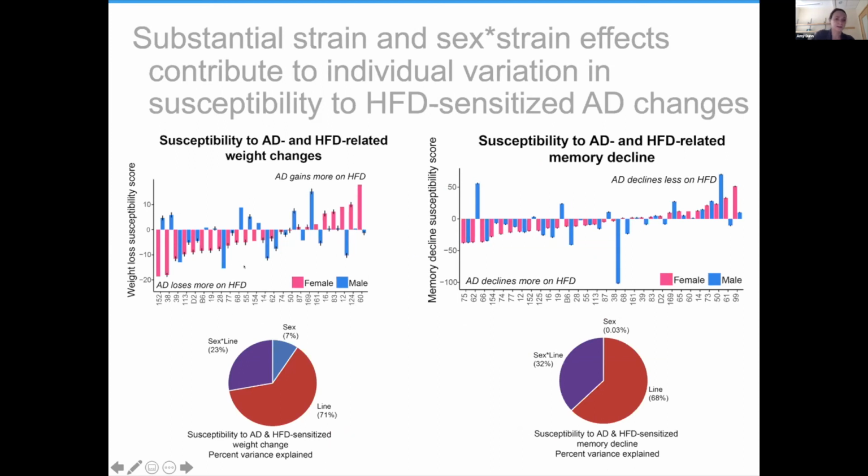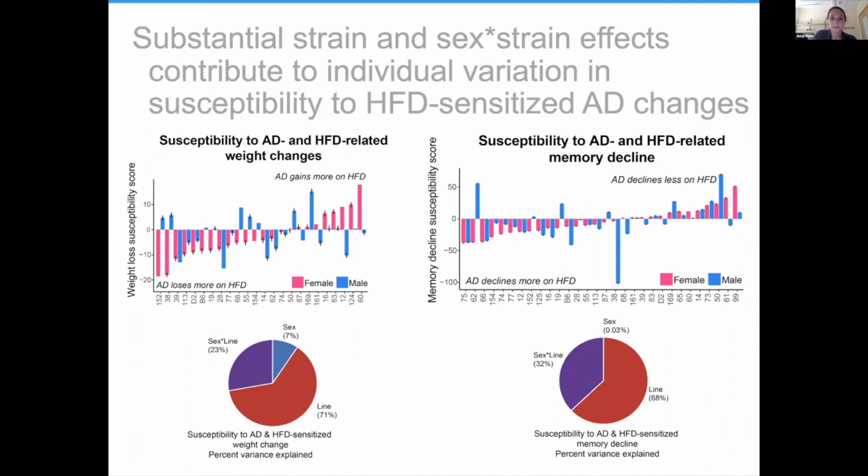So mice on this side of the axis, on the left panel here, have exacerbated weight loss if they're on high-fat diet, and Alzheimer's mice on this side of the axis are able to gain or maintain weight better if they're on a high-fat diet compared to their non-transgenic counterparts.